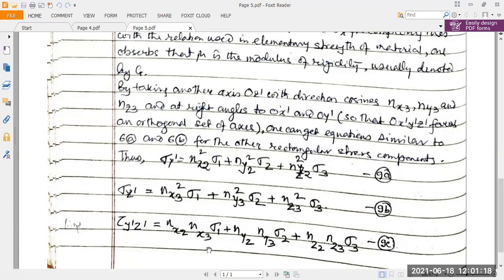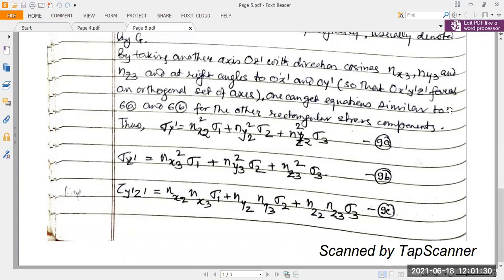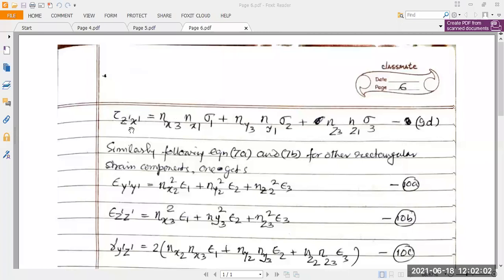And for the shear stress, following the same argument, we have to put these three elements here like this. Thus, we have tau z, etc.